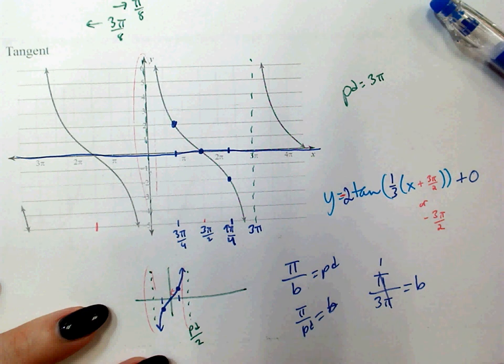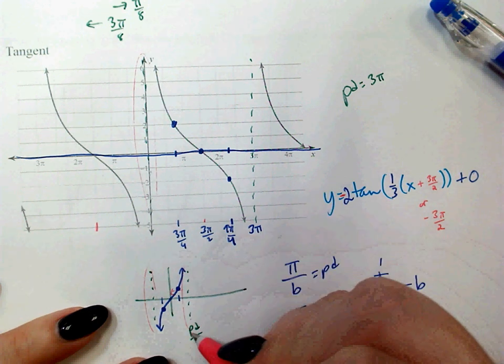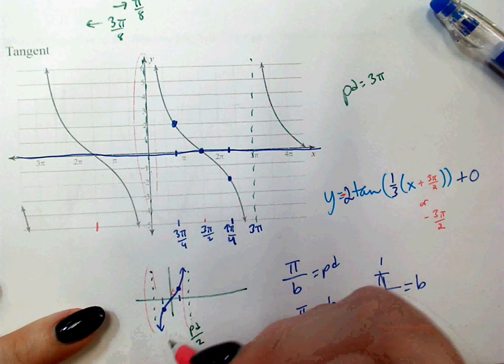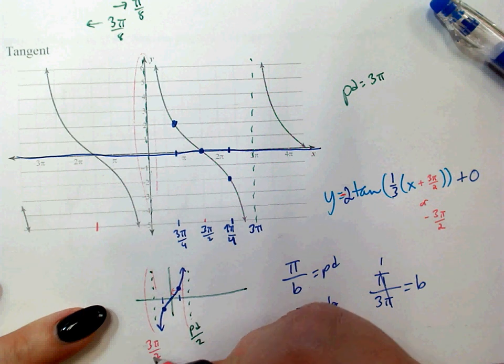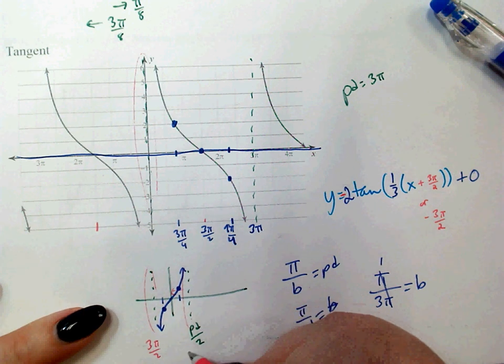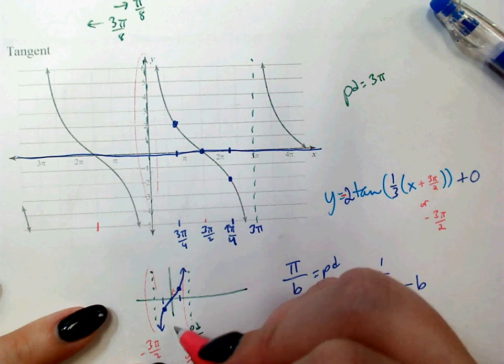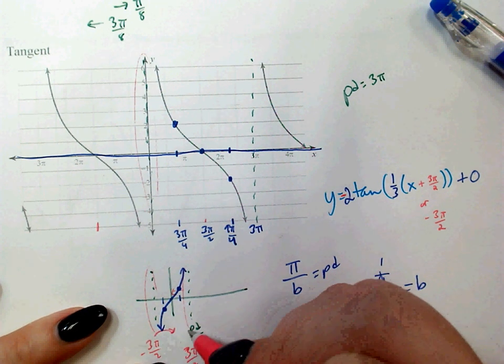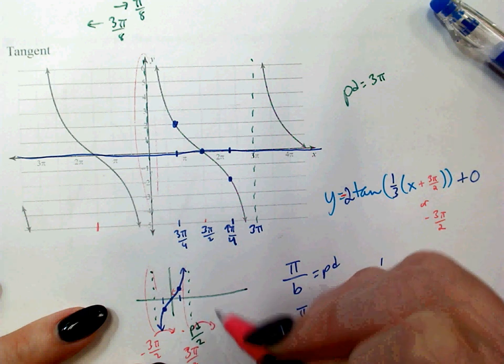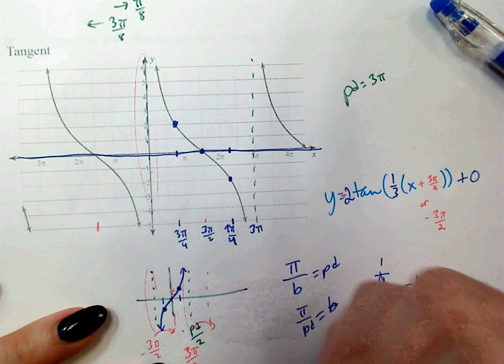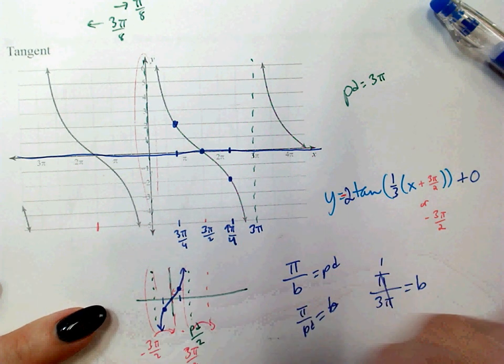For me, it makes sense to go, this is 3 pi over 2, and then this is negative, and this is positive 3 pi over 2 normally. But now this is at 0, and then this is at 3 pi. So it's here and here. Or backwards, whichever one you see.